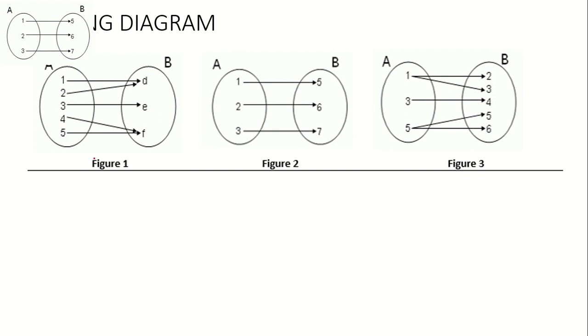The relation of figure 1 is a many to one relation because 1 and 2 are mapped to exactly one range, which is D, while figure 2 is a one to one relation and figure 3 is a one to many relation. Now to define a function, there should be exactly one range.